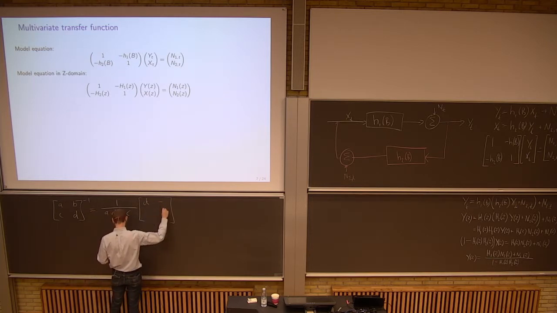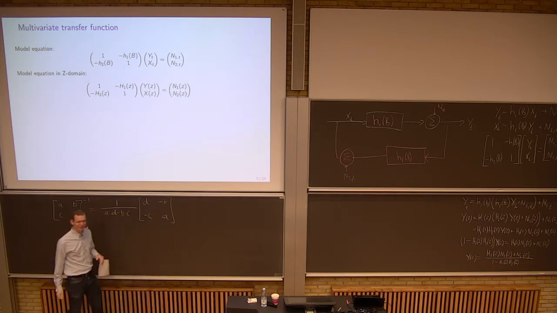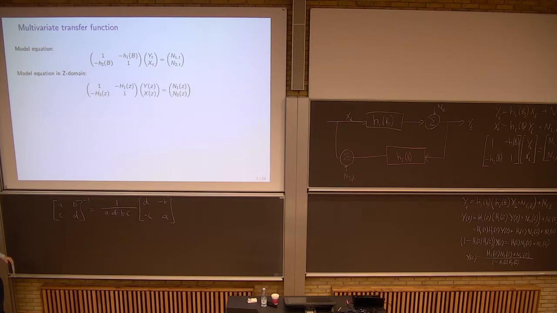D, minus B, minus C and A. Yes, it's a conjugate. So what I try to remember is that you swap the order of the diagonal elements and you change the sign of the off-diagonal elements. That's how I was told in the good old days.